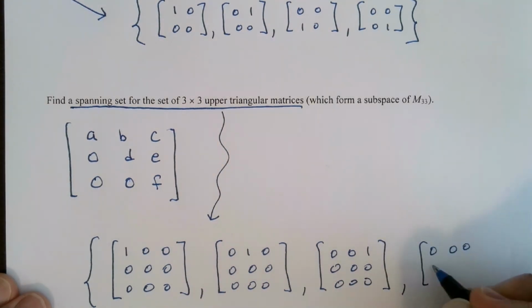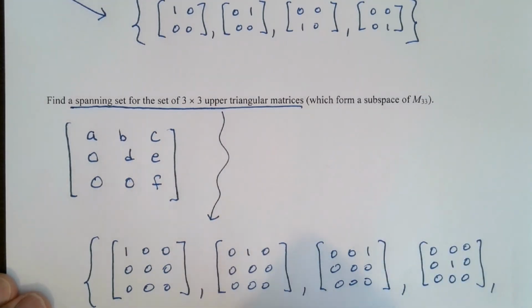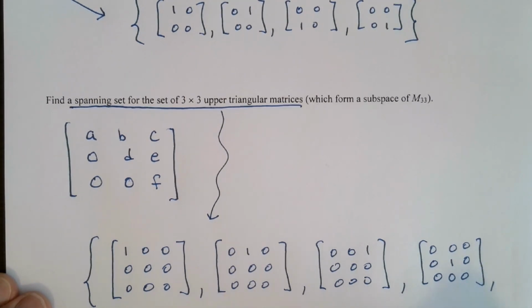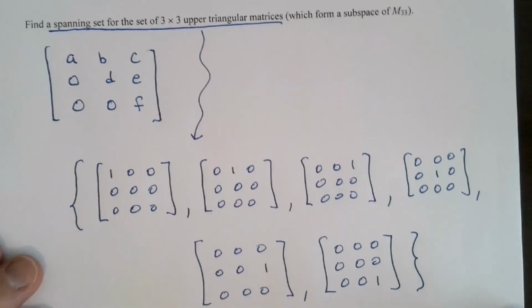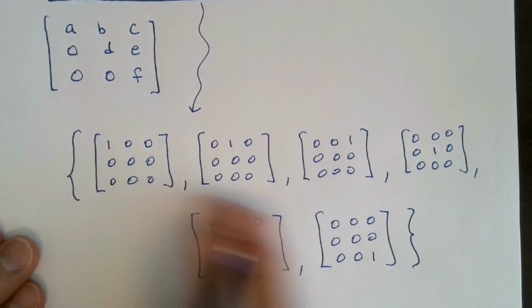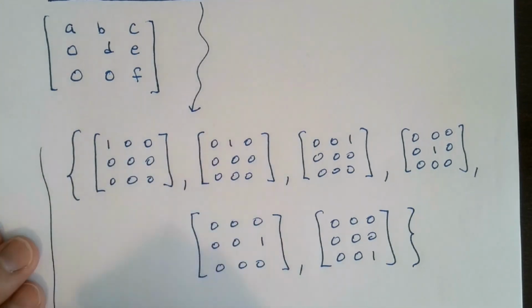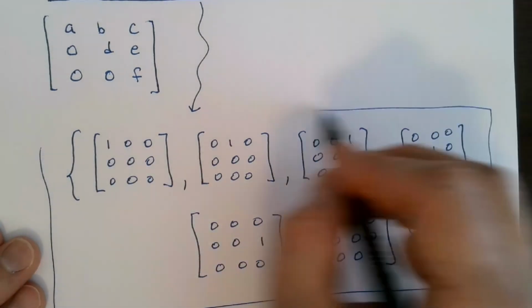So I'm going to put a 1 right there in the middle. And so on. Here's the one for E, and here's the one for F. Okay, so there's the set. A set. It's not the only one.